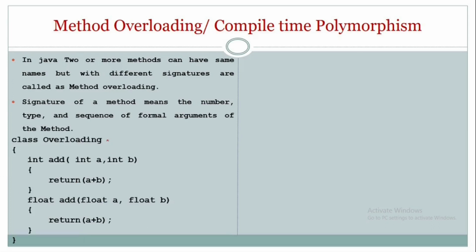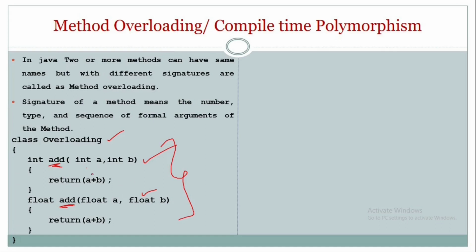Class Overloading has two methods with the same name but with different signatures. As you can see over here, it has integer and here it has float. So this is an example of method overloading, where a class has two methods with the same name but different signatures.